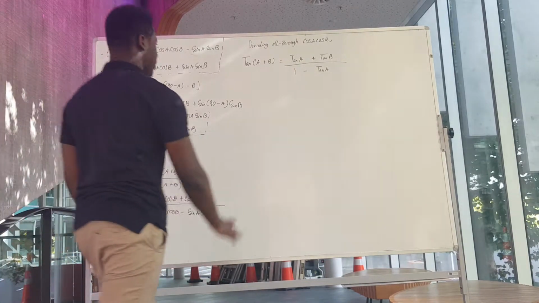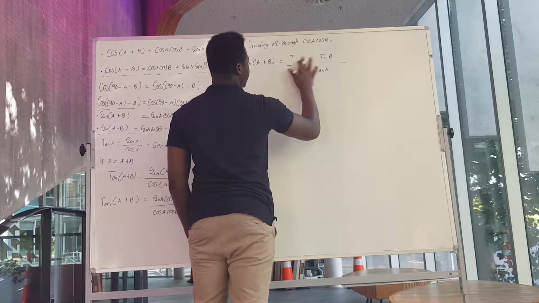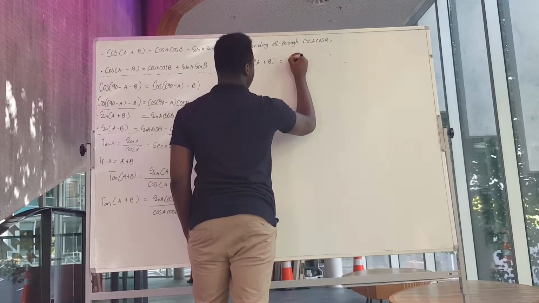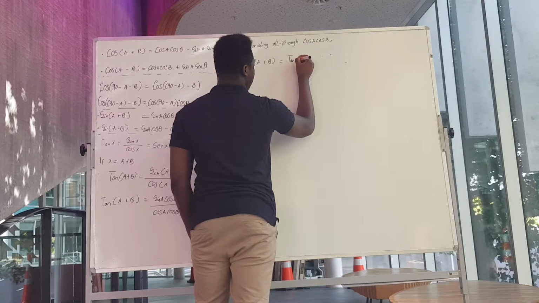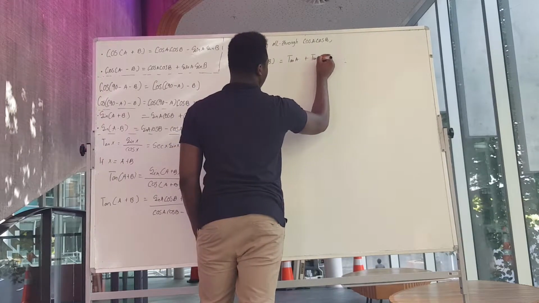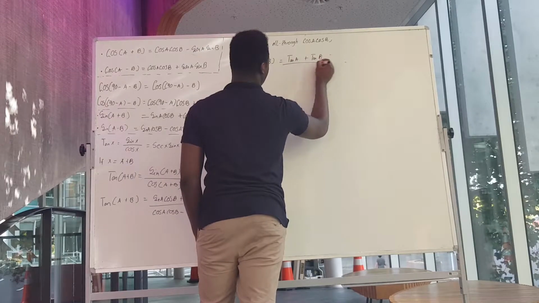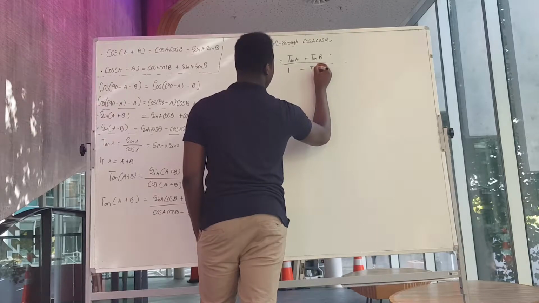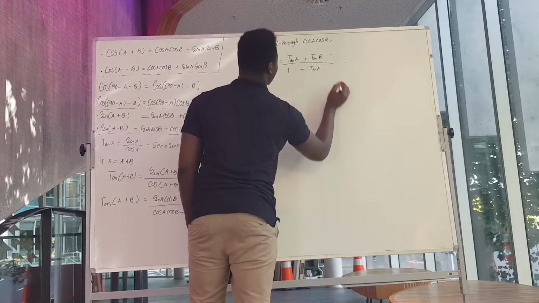I don't like the way it's arranged, so rearranging: tan a plus tan b, divided by 1 minus tan a tan b.